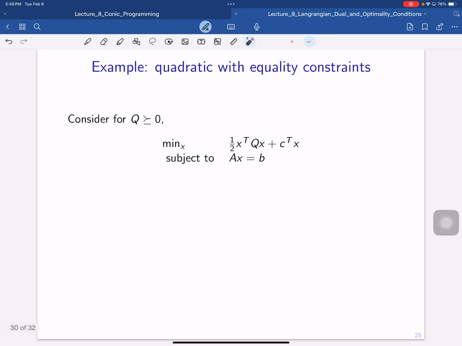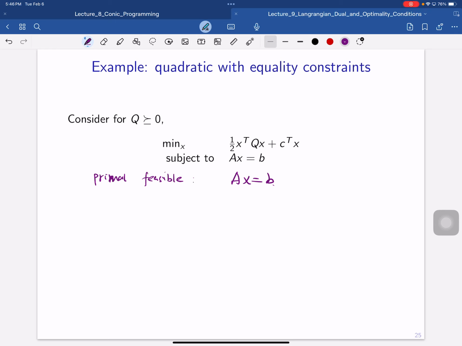So here's an example if you want to derive the KKT conditions for this very naive problem where we have a quadratic objective and only linear equality constraints. We can use this as an exercise. For example, when we want to write the KKT conditions of this problem, we need to have first of all primal and dual feasibility, right? So the primal feasibility is nothing but Ax equals b.